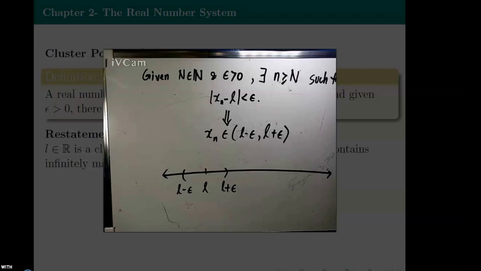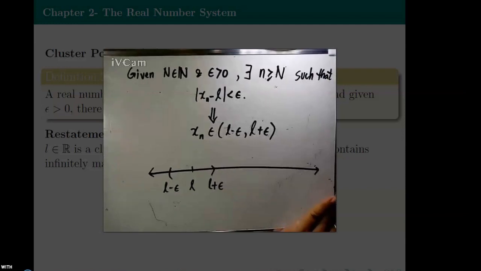We have given a natural number big N and epsilon greater than 0. So there exists a small natural number n such that this will hold. Of course we knew already that this means the terms of the sequence x sub n are in the open interval where L is the cluster point.